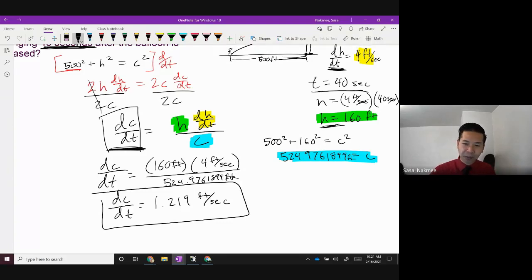Since my answer comes out as a positive 1.219 feet per second, that means at this particular moment, at 40 seconds, when the balloon has a height of 160 feet above the ground, the distance between the observer and the balloon is getting larger. That positive number means they are growing further apart. The distance is changing at 1.2 feet per second at this very second.